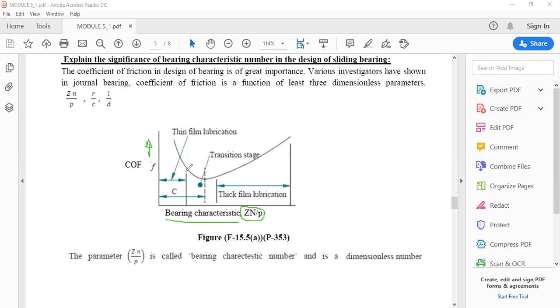At a particular point, the film formed here is thin film lubrication, a thin oil film. And after achieving the value of C, that is the bearing characteristic number, thick film formation takes place.